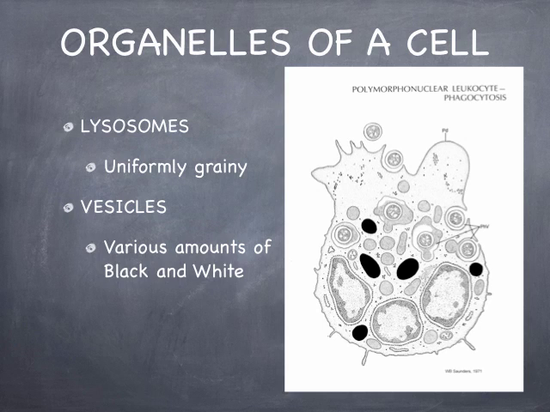The end stage of this is when the bacteria is completely taken apart and is just a soup of organic chemicals, and the black circles that you see in the picture then are bacteria that have already been digested and are now fuel for the activities of this white blood cell.